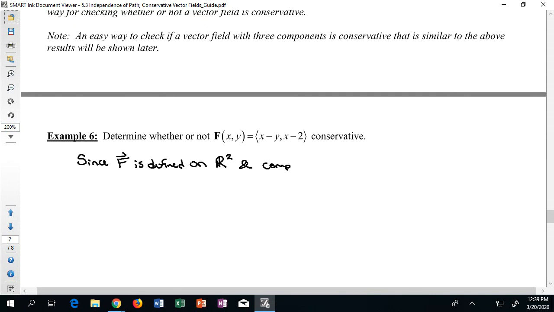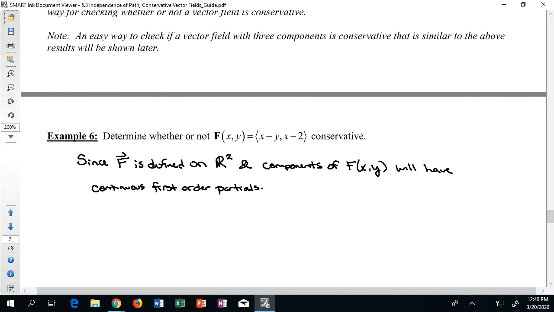And I can see that the components of f of x, y will have continuous first order partials.